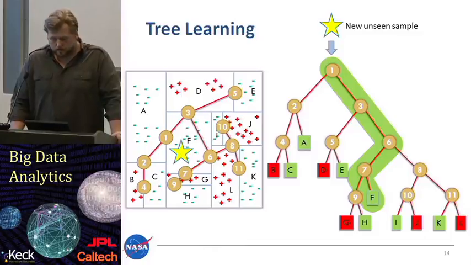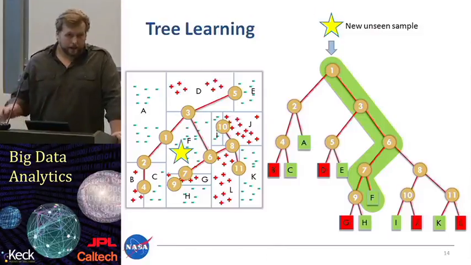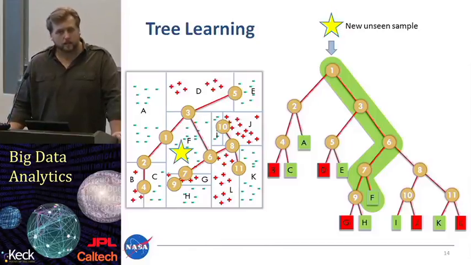Then we come to number 6, which again checks the feature, there's a split on feature 2, and so on until we end up at a leaf node. And this leaf node, in this case the partition F, is completely green, so that's the negative class, so we would classify the new sample as green in this case.